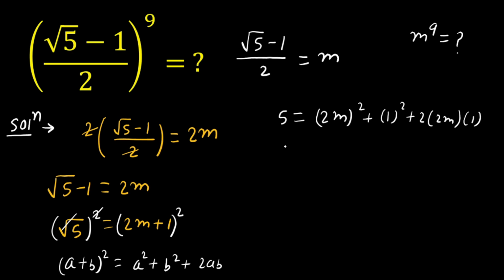Then 5 equals 4 times m squared plus 1 plus 2 times 2m, that is 4 times m.